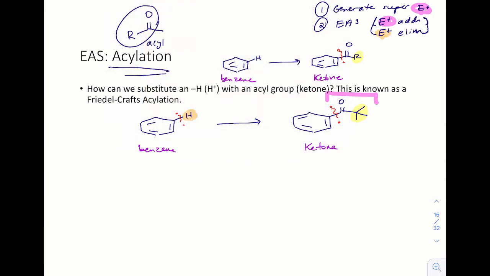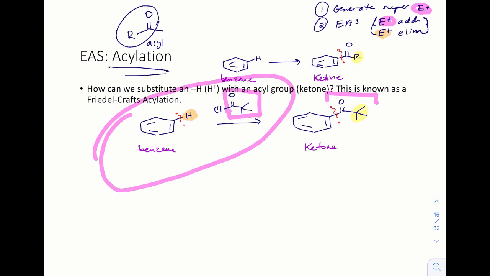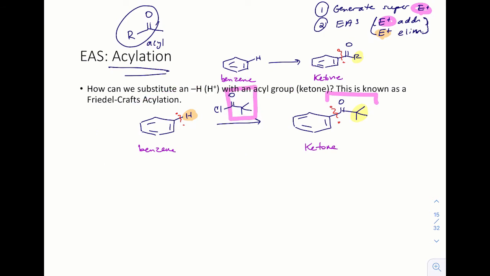It is an overall substitution reaction. Now, I will tell you that the ketone functional group comes from an acid chloride. But if we mixed up benzene and an acid chloride on its own, they would not react. Historically, benzene was used as a solvent until chemists realized how carcinogenic it was.